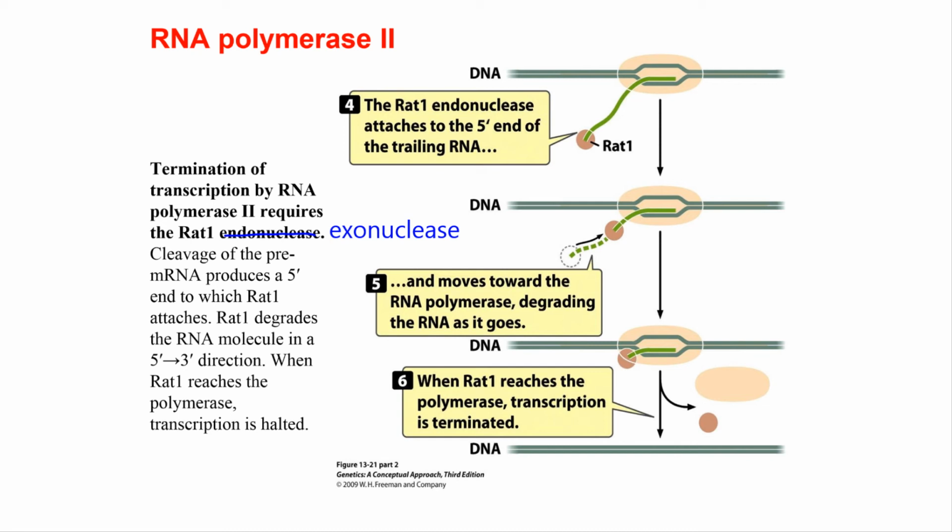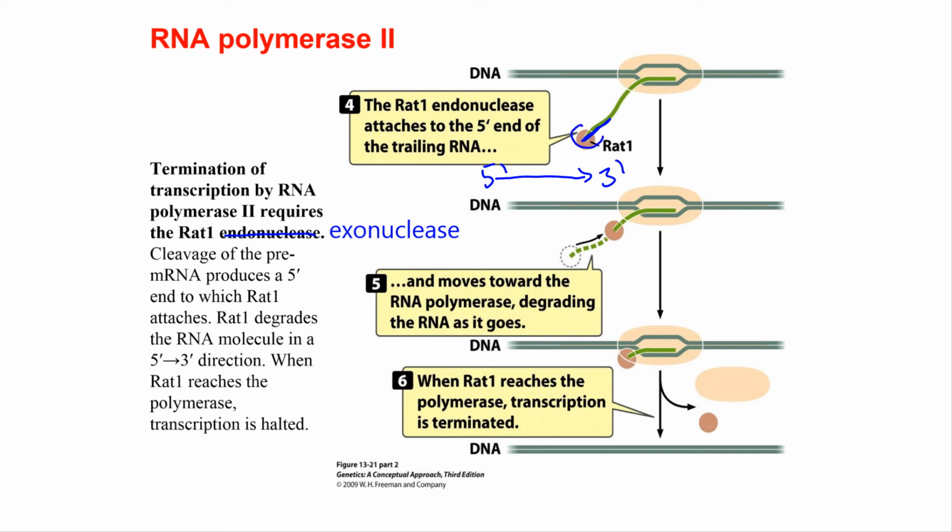At the 3' end of this transcribed sequence, there is a consensus sequence which defines the cleavage site. At this cleavage site, RNA is cleaved and yields the 5' mRNA and a short RNA which has a 5' trailing end.